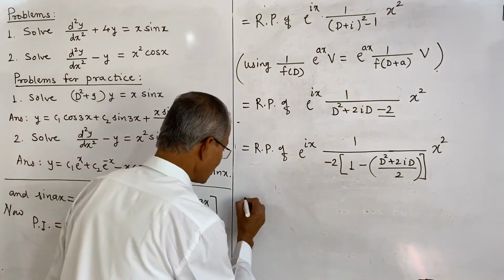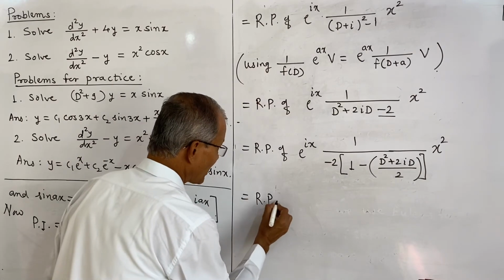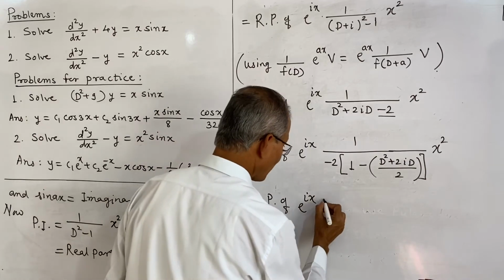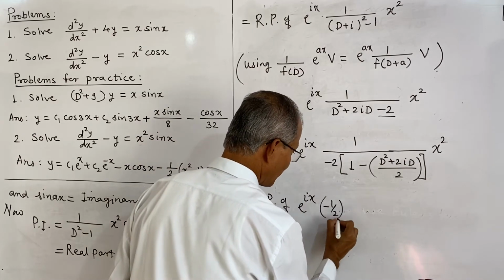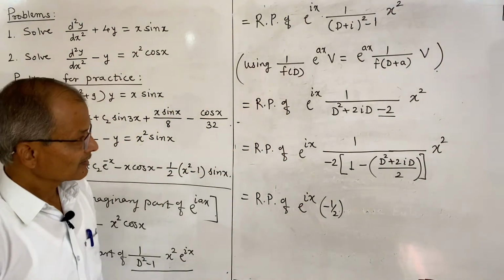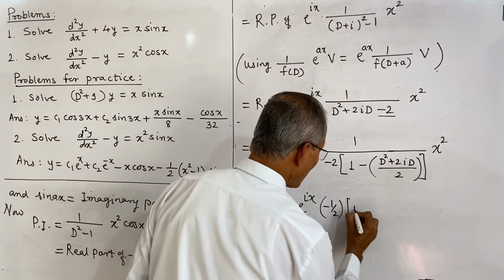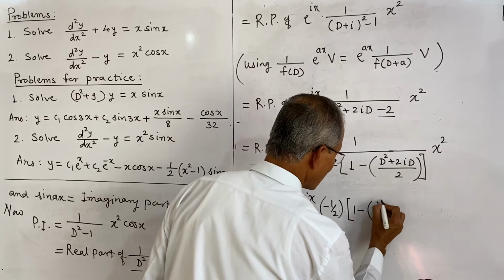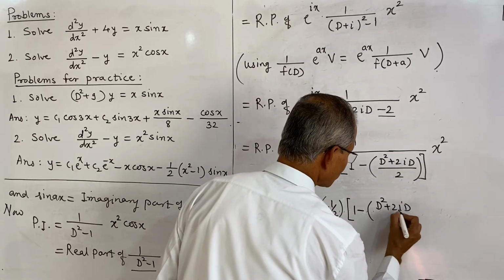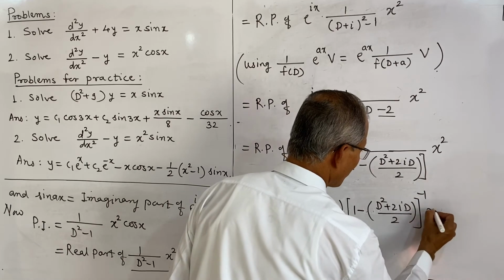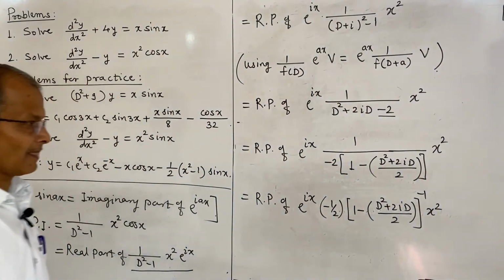Now this is real part of e power ix, and this minus 1 by 2 we keep as it is separate, and this function is to be written as 1 minus D square plus 2iD divided by 2 whole raised to minus 1 operated on x square.